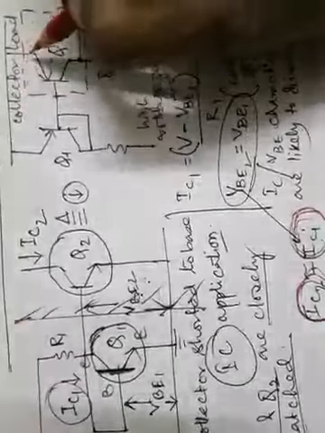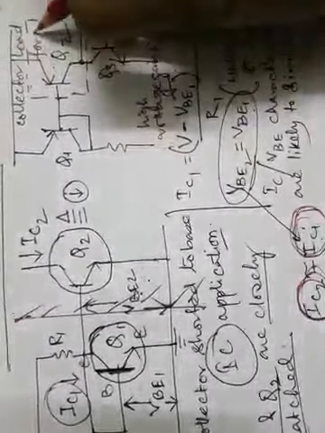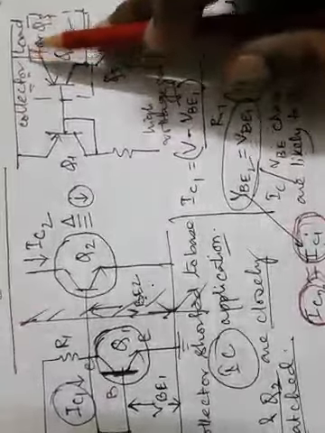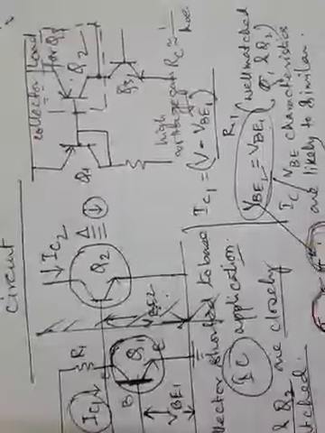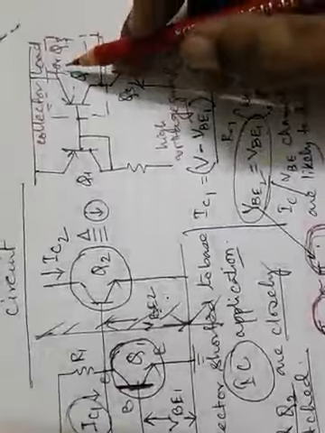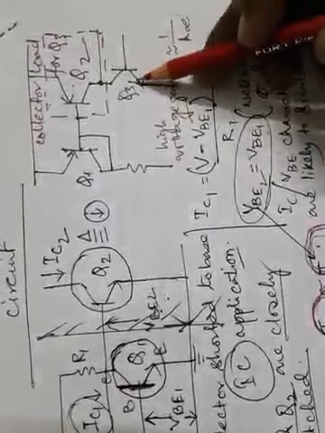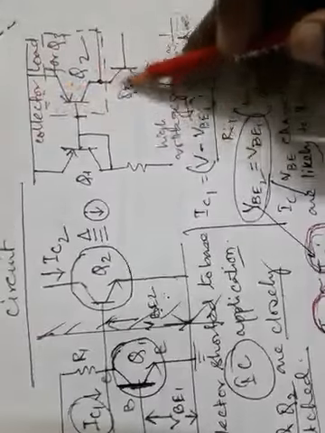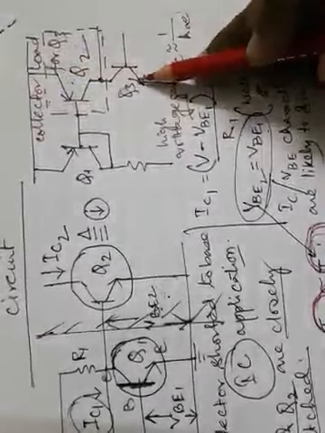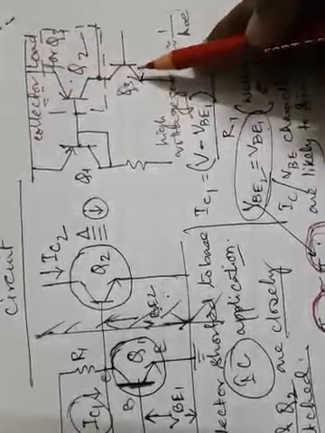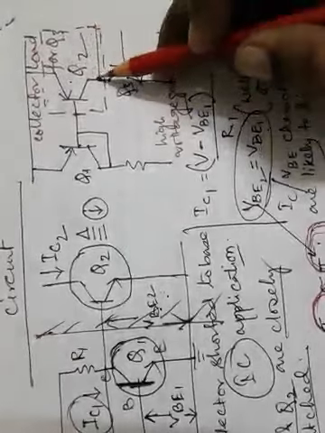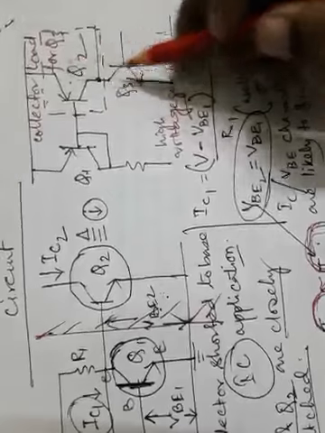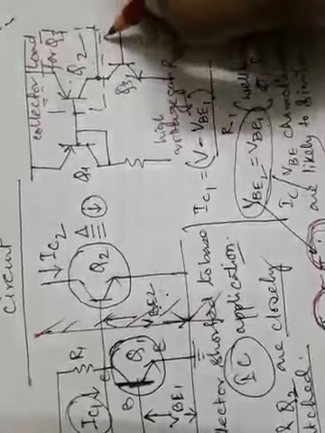So the collector load for Q3 is working as a load for this Q3. Q3 is getting the output from here, and Q2 behaves as a load for Q3, and hence from the connected collectors of Q2 and Q3 we are getting the final output.